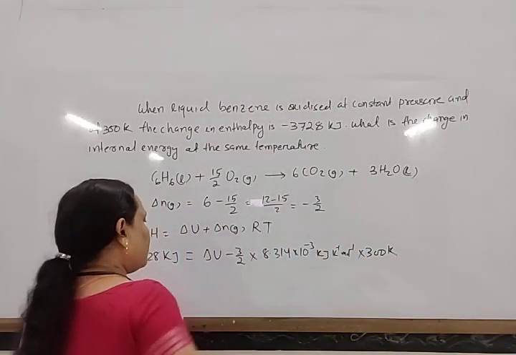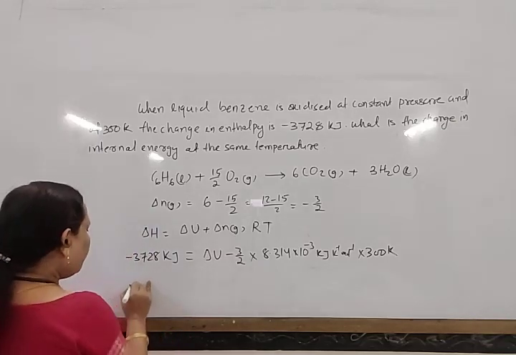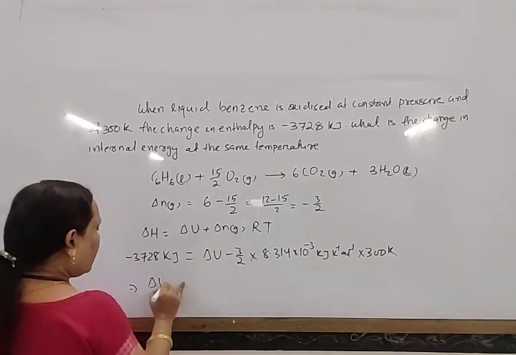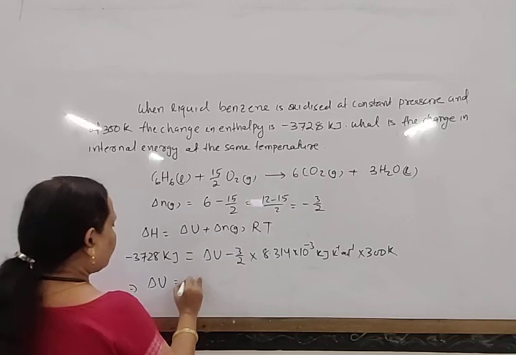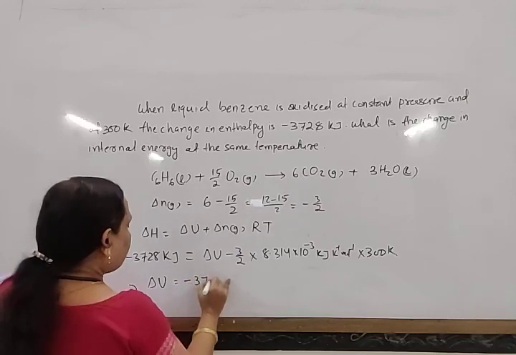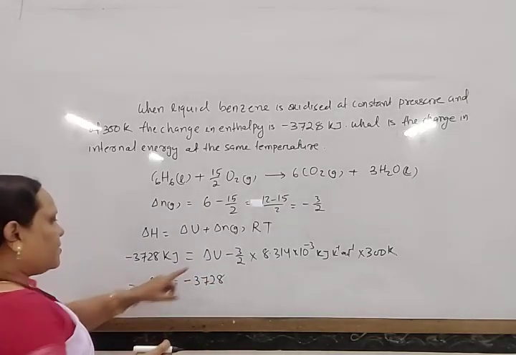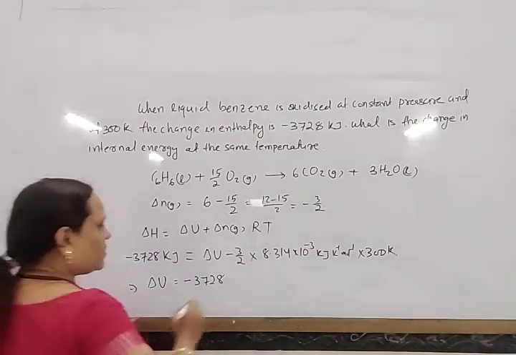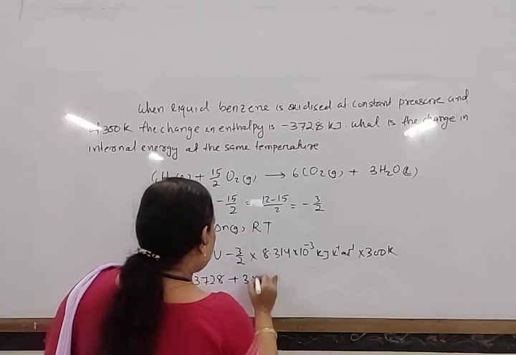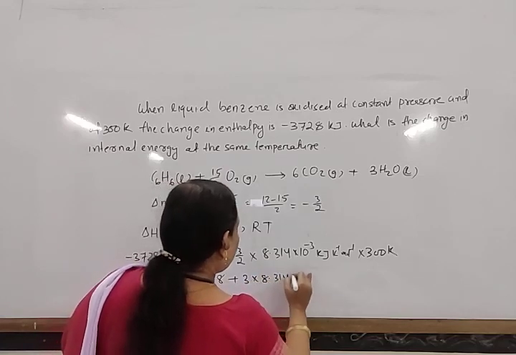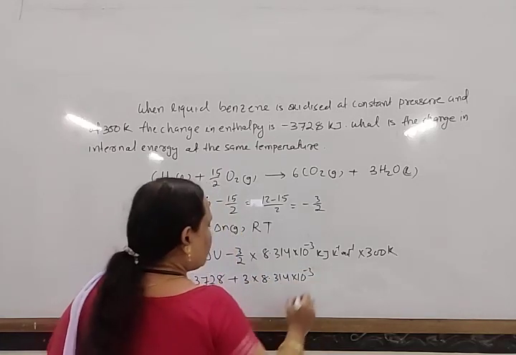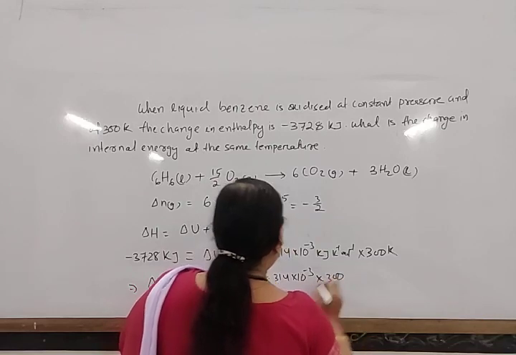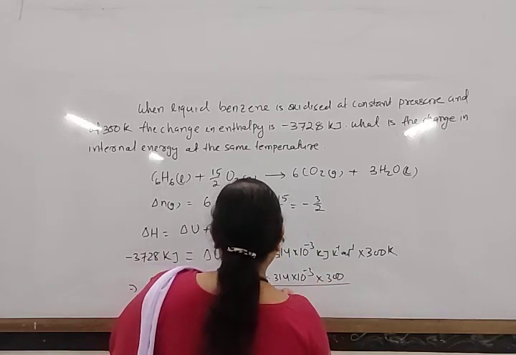So from here you can find del U is equal to minus 3728, and this total term comes here: 3 into 8.314 into 10 to the power minus 3 into 300 divided by 2.